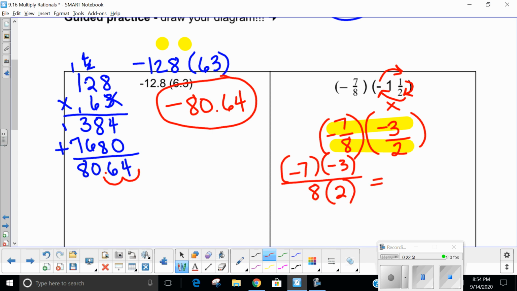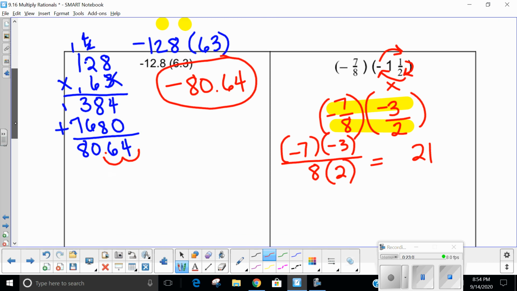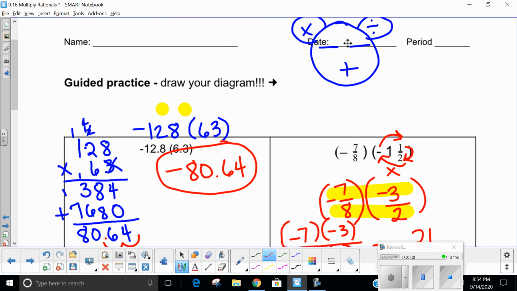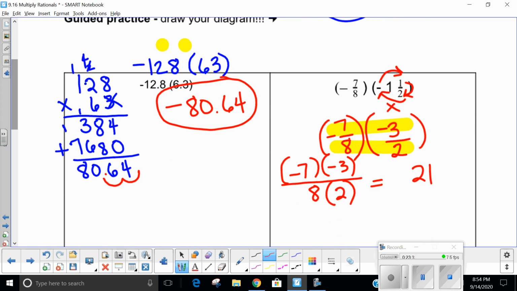So now, what is 7 times 3? 7 times 3 equals 21. The signs are both negative, so a negative times a negative gives me a positive. So my answer has to be positive 21. And then we have 8 times 2, which is 16.